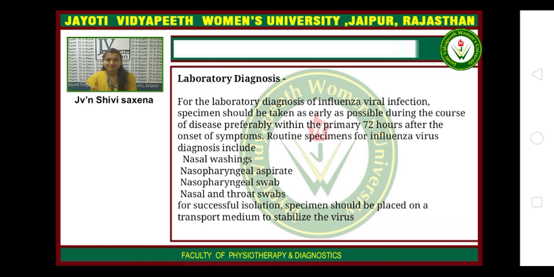Routine specimens for influenza virus diagnosis include nasal washing, nasopharyngeal aspirate, and nasopharyngeal swab, nasal and throat swab. For successful isolation, specimens should be placed on a transport medium to stabilize the virus.